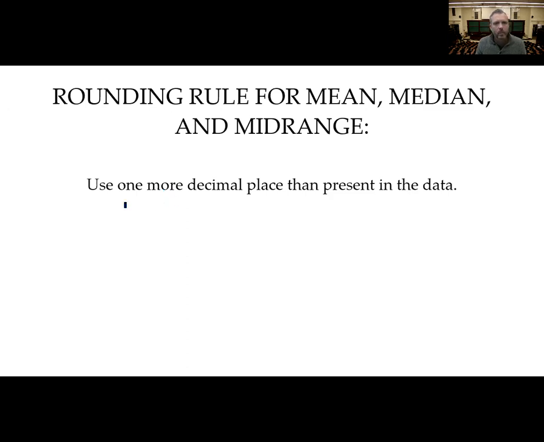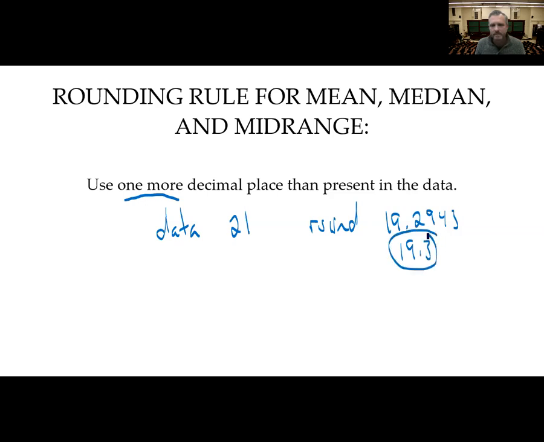All right, how do we round? Well, one more decimal place than present in the data. So if my data goes out to the ones place, like 21, and I were finding a mean and I had 19.2943, I'm going to call that 19.3, okay?